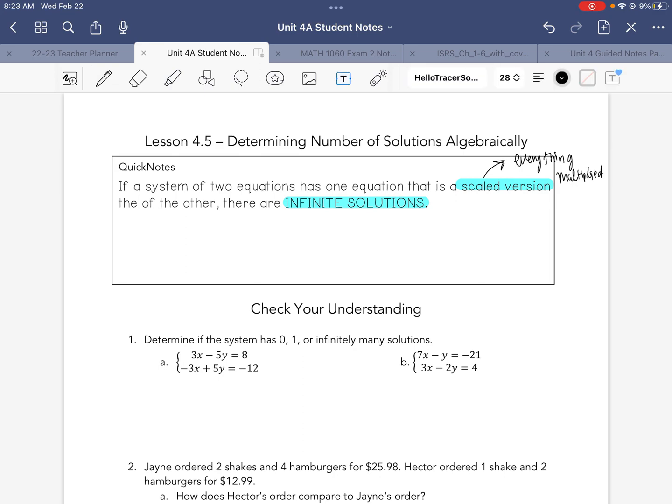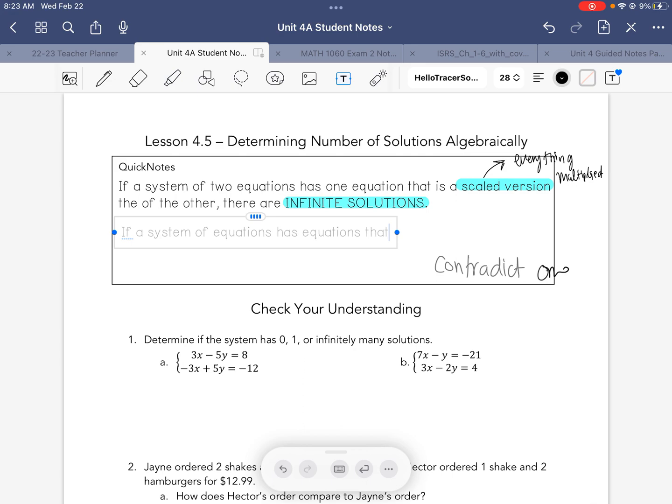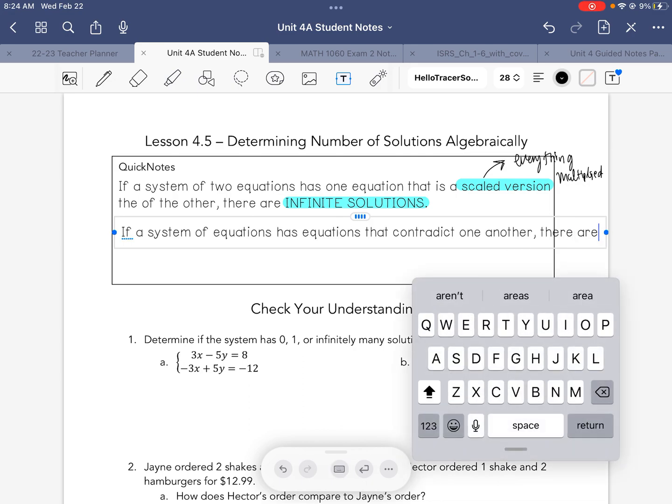Okay. The second piece of quick notes that we need to write down is if a system of equations has equations that contradict one another, there are no solutions.